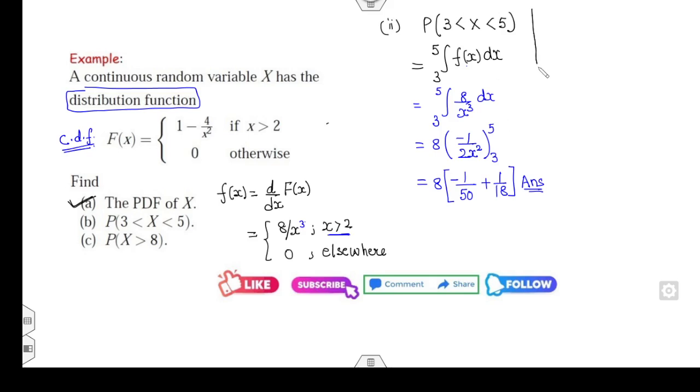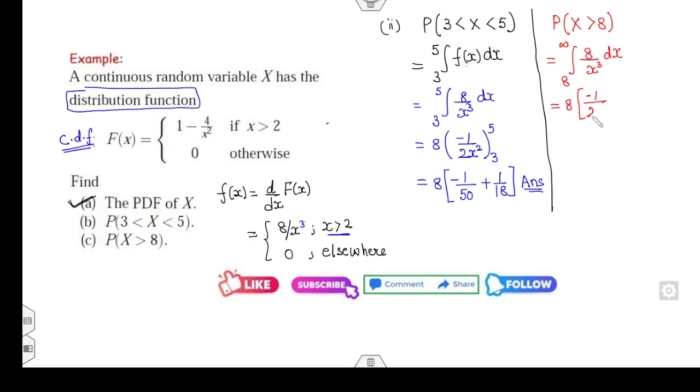Look at the next part. Your target is to find the probability of x greater than 8. So that will be 8 to infinity of 8 over x cube. So again 8 will be outside. What is the integration of 1 over x cube?